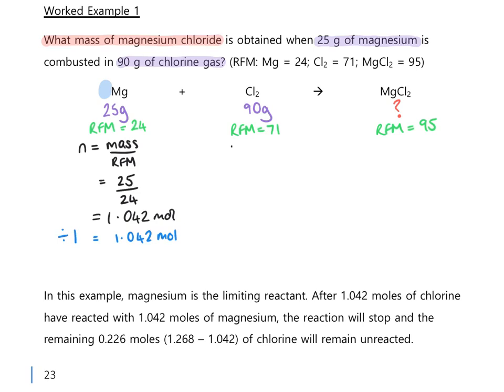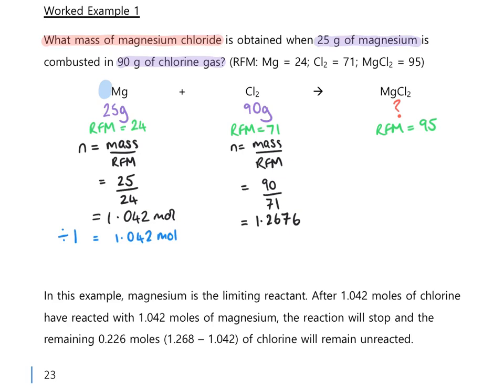Again, working out the number of moles using the equation n equals mass over RFM. This time my mass is 90, my RFM is 71. Take a minute to put that into your calculator. That should come out as 1.2676.